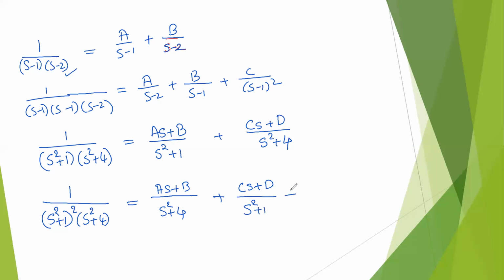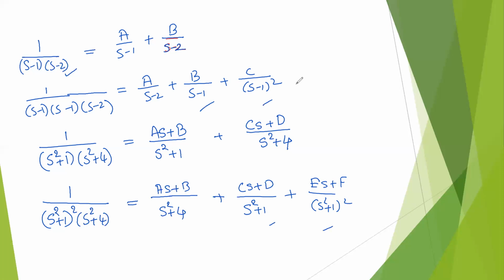And one more time we should write Es plus F divided by s square plus 1 whole square. Since s square plus 1 is repeated twice, we are supposed to write two fractions for it, as we did for s minus 1. These are the different ways to split the given fractions with linear or quadratic factors in the denominator into partial fractions.